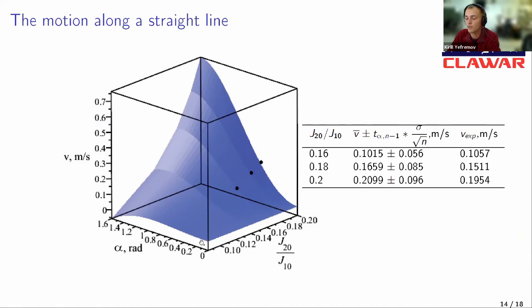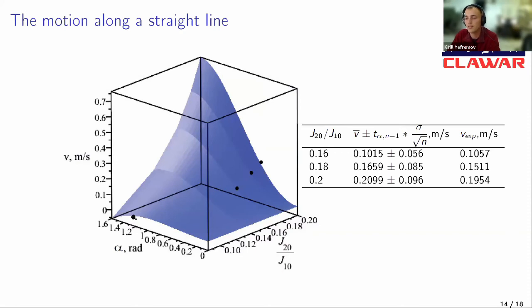It's a computer modeling experiment, and you can see our speed increases, and after some point our speed decreases and moves to the negative side.